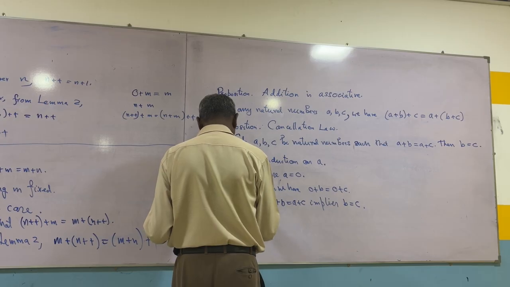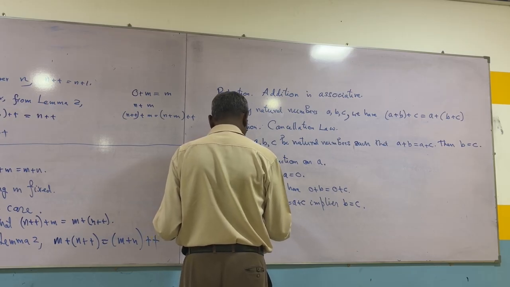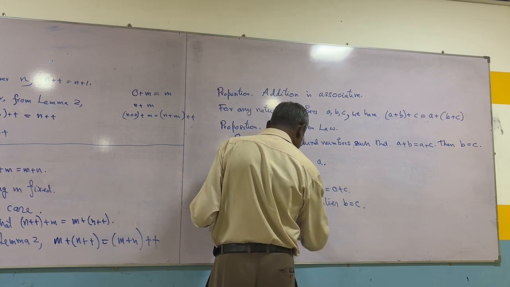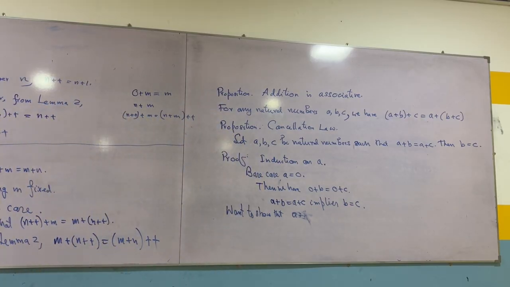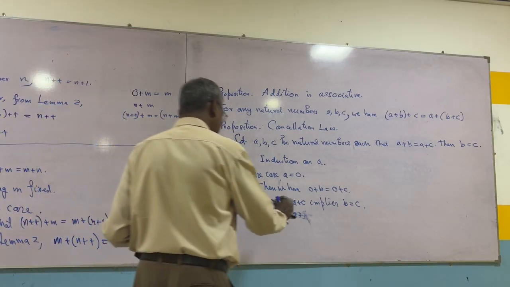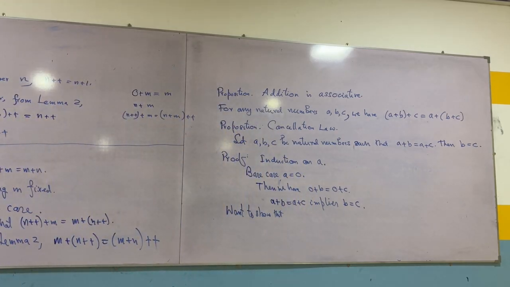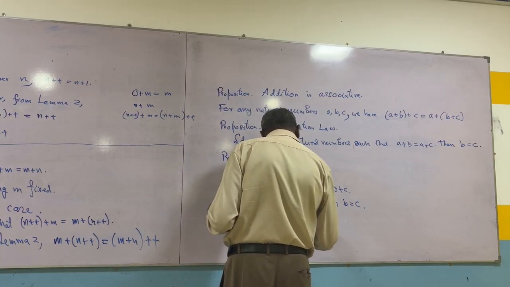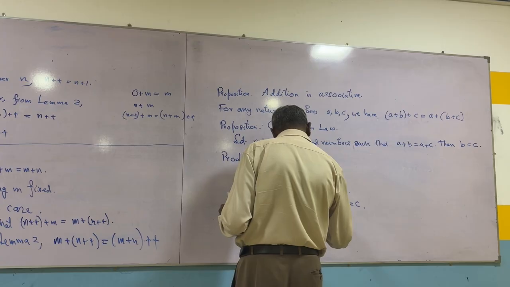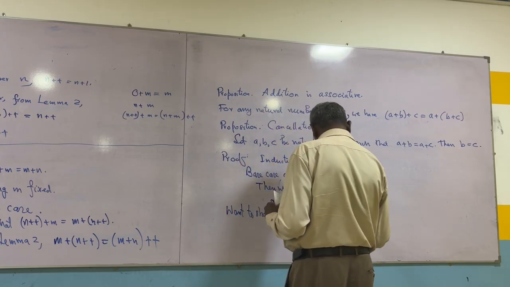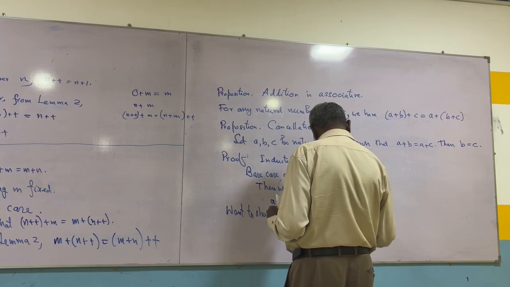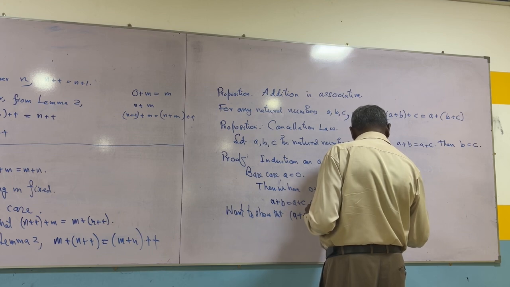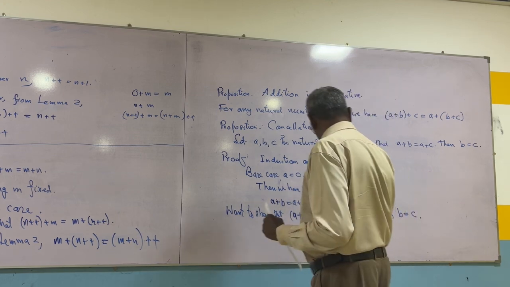We want to prove the cancellation law. We want to show that a plus plus, so many plus signs, we want to show that a plus b is equal to a plus c implies b is equal to c. That's what we want to prove.